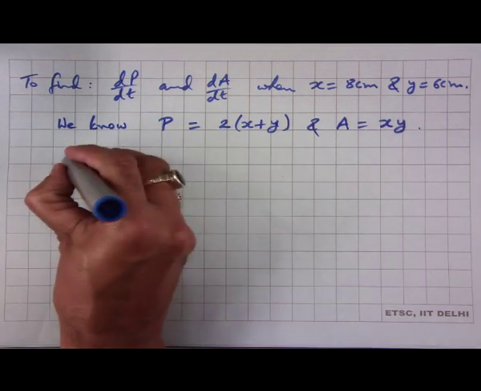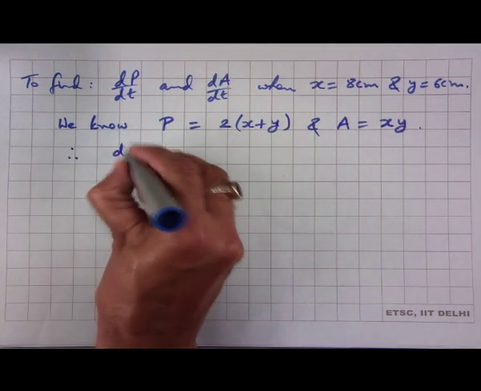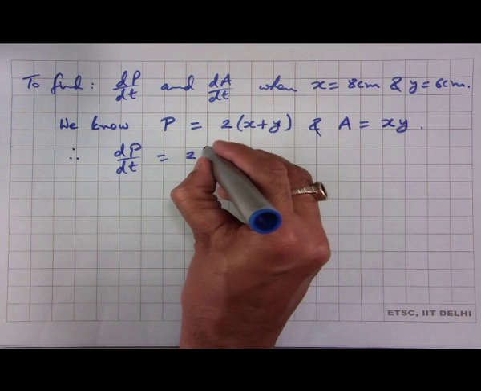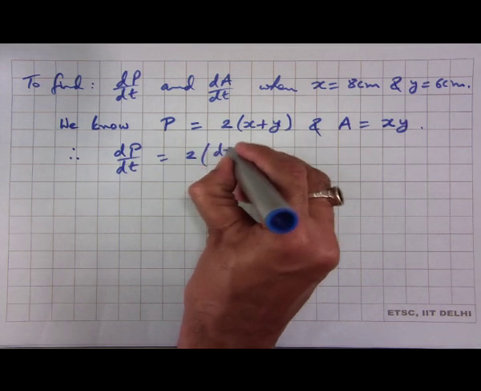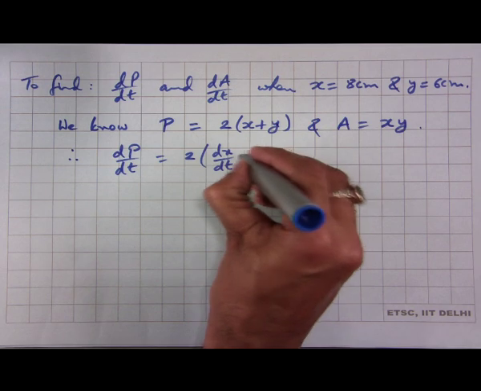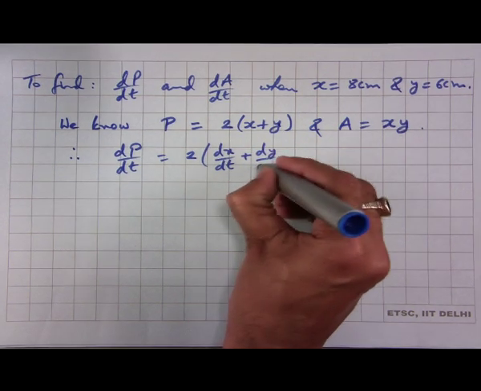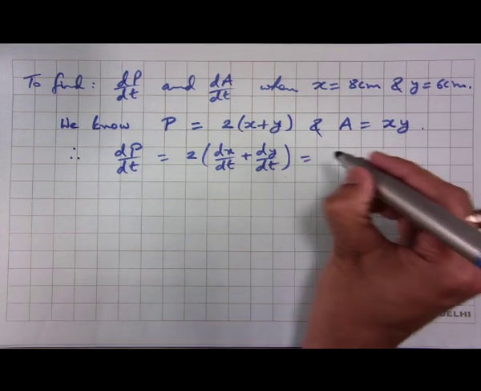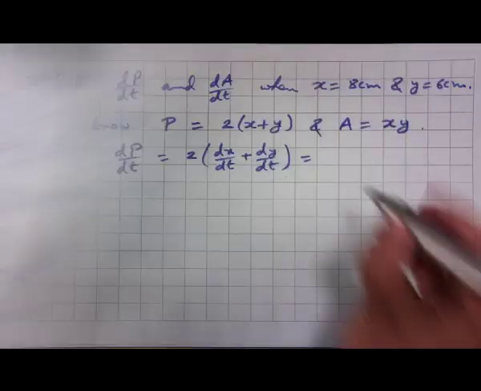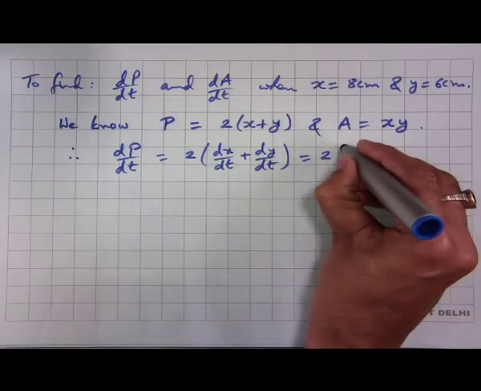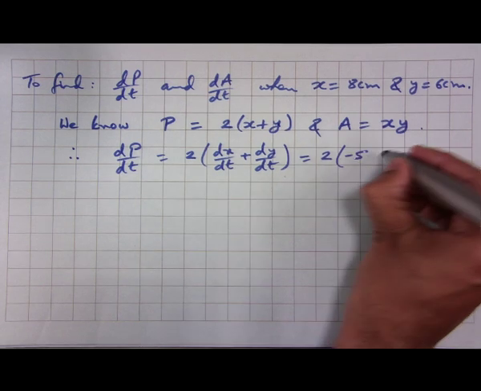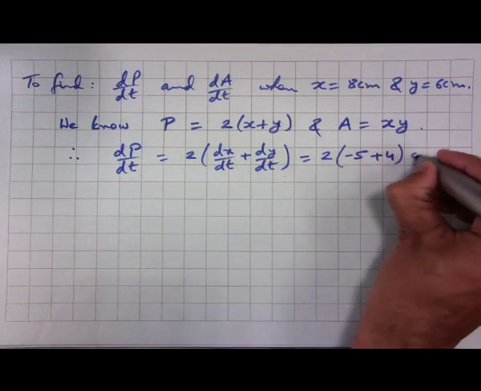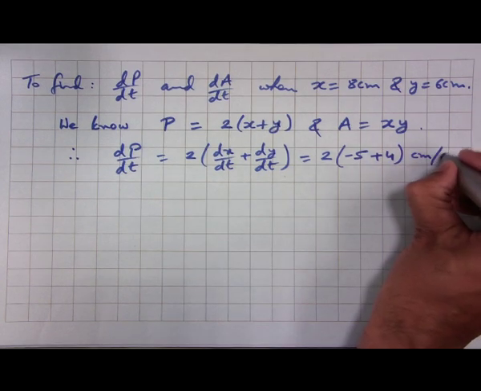So, therefore, if we calculate dP/dt, this is equal to 2 times dx/dt plus dy/dt, and dx/dt is given to be minus 5. So, this is 2 times minus 5 plus dy/dt is 4 centimeter per minute.